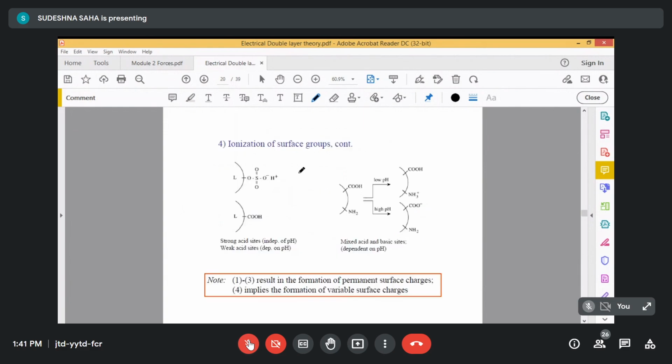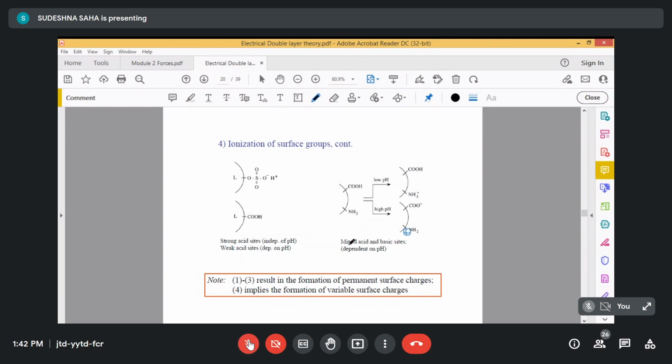Then there could be ionization of the surface group. So this is a simple one, like if you have carboxylic as well as amine surface functional groups at low pH, you will obtain COOH, which will remain as it is, but there will be NH3 plus. On the contrary, if you put this material into a high pH region, then the hydronium ion will get detached, and you will have basically COO minus, whereas the NH2 group will remain as it is.